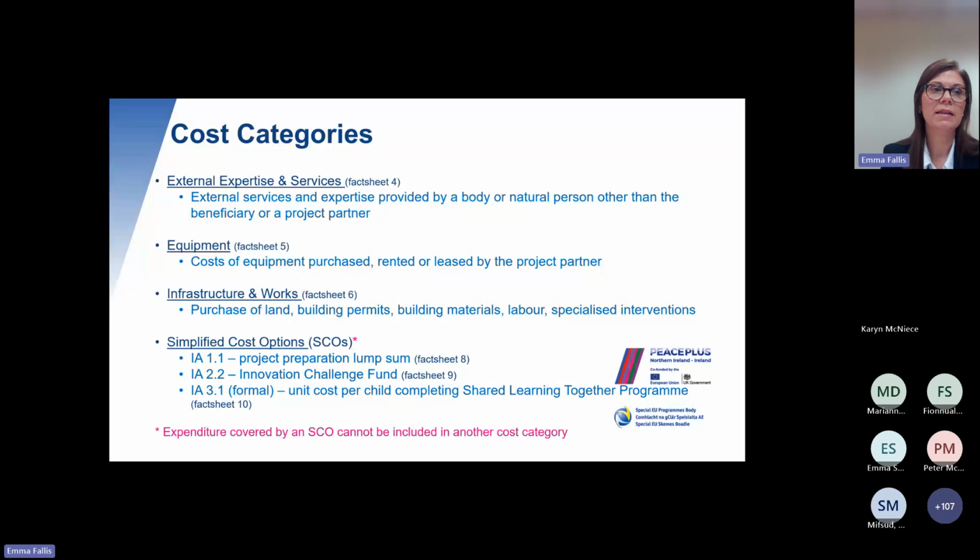And also in investment area 3.1 formal, there is a unit cost on children completing the Shared Learning Together programme, and details of that are included in fact sheet 10. And again, just to reinforce the point, any expenditure included on or covered by a simplified cost option should not be presented in any other cost category.